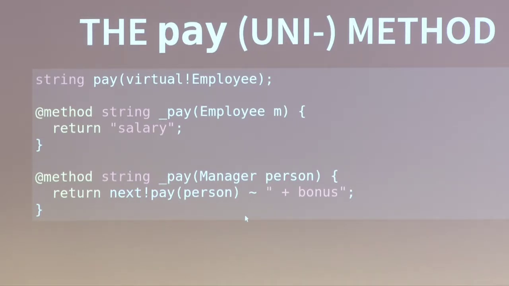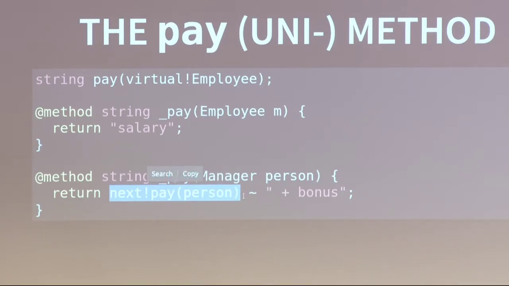And then we have a specialization which is quite interesting because manager is an employee. So here we have a specialization for pay in which we call the super method. This is the equivalent of super. It calls the method that would have been called if the current specialization had not existed.